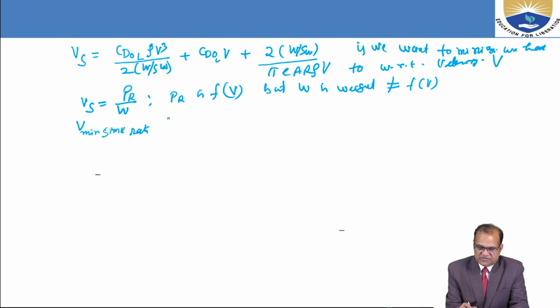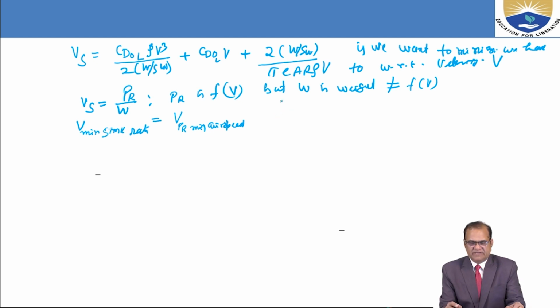This V minimum sink rate, we can also write as V PR for minimum air speed.